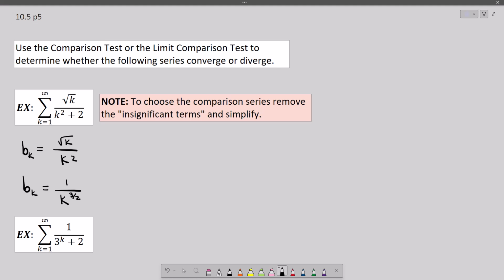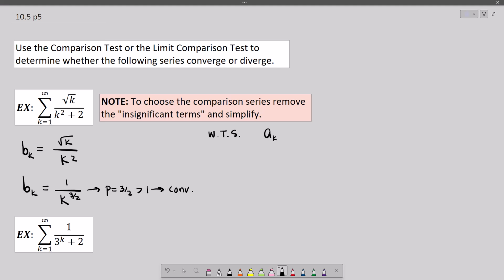That's going to be your b sub k, and this corresponds to a p-value of 3 halves, which is bigger than 1, which means it converges. For a p series, greater than 1 converges, less than or equal to 1 diverges. So this converges, and our hunch is that the a sub k series also converges.